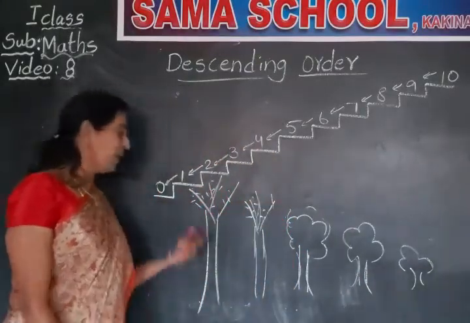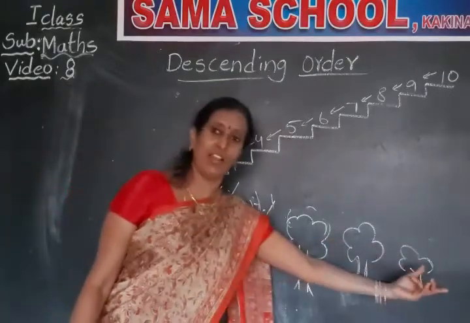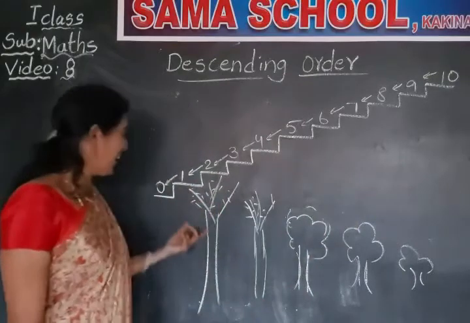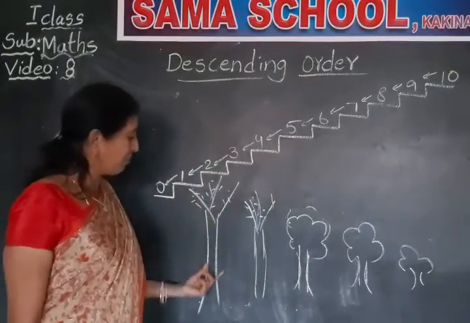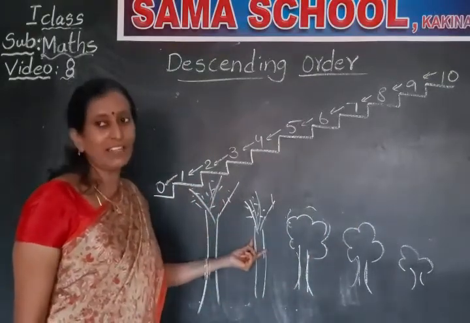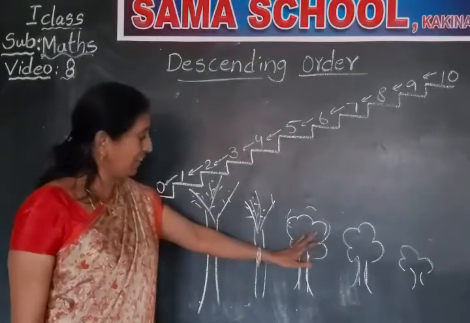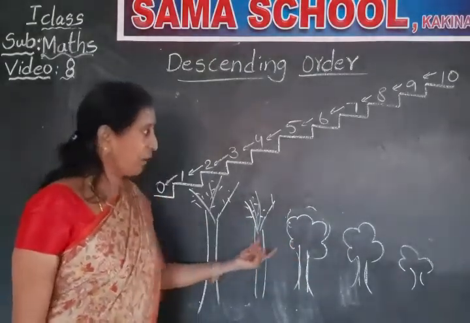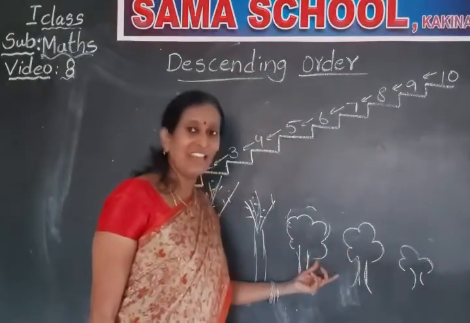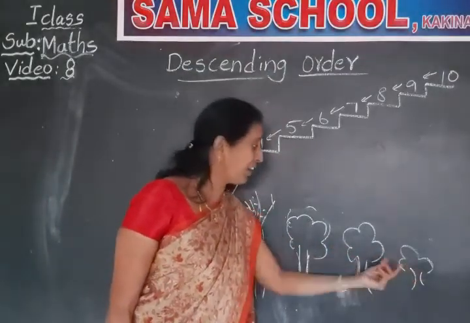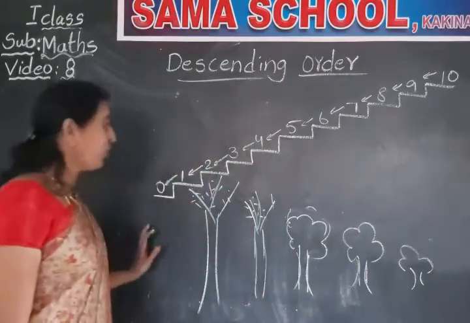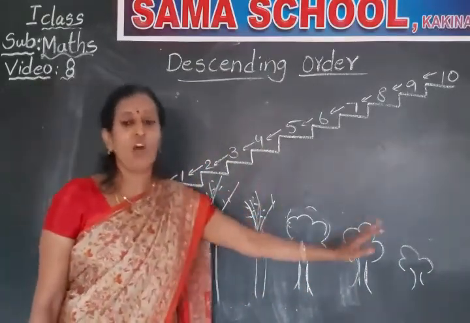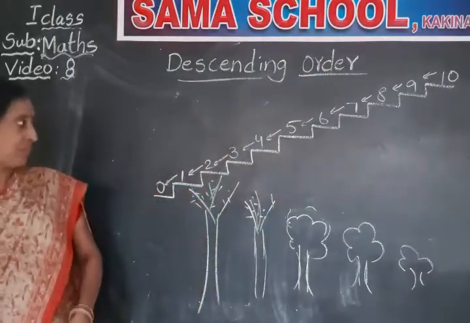Descending order means biggest to smallest. See here, this is big and this one is a little bit smaller and this one is a little bit smaller. This is smaller than this tree, and this is smaller than this tree. That means descending order is how we arrange from biggest to smallest.